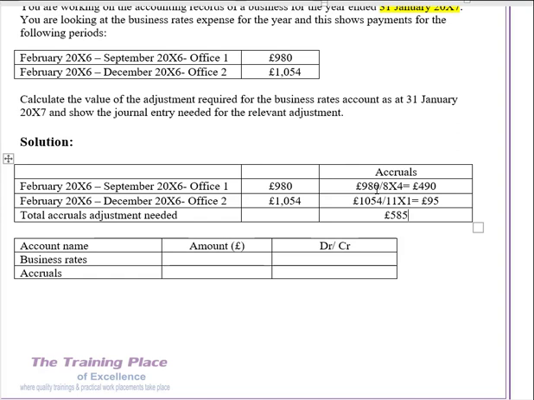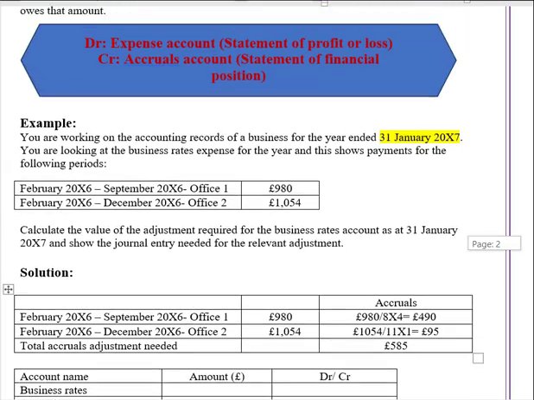I have to identify what will be my adjustment in my account. In order to raise an adjustment for £585, I then need to ask myself, what does this thing relate to? It relates to business rates that I have not yet paid. So I am owing business rates. What two accounts will be affected? Business rates account and accruals. Which will be debited, which will be credited?